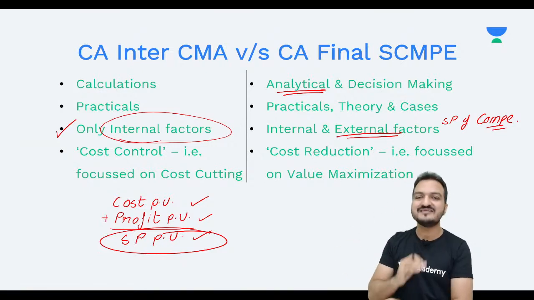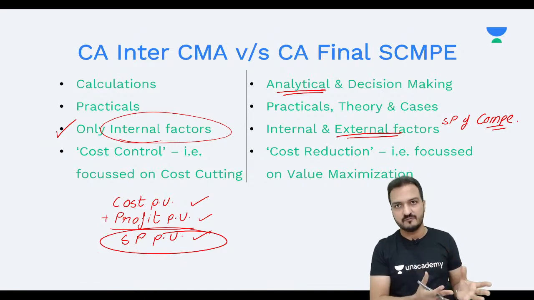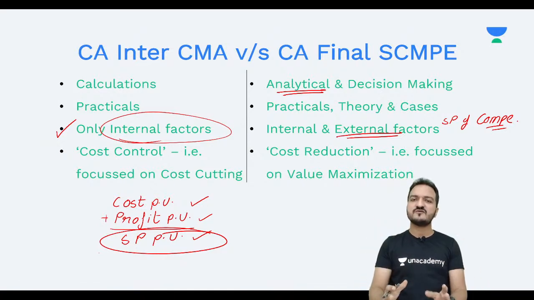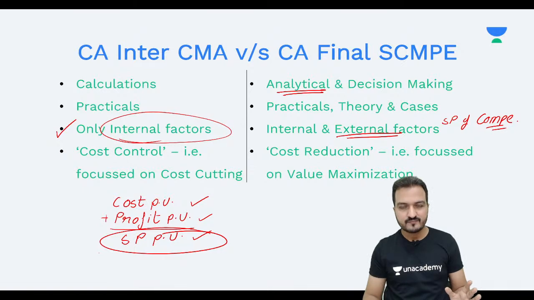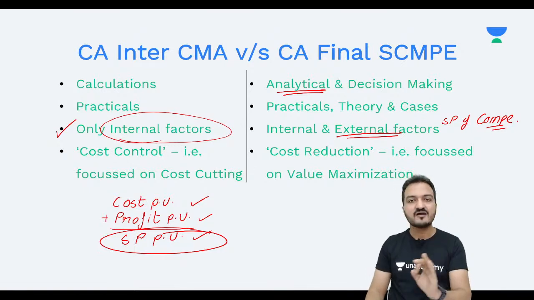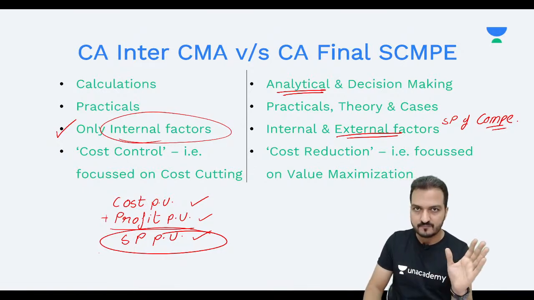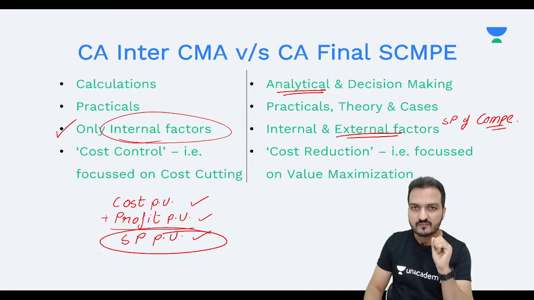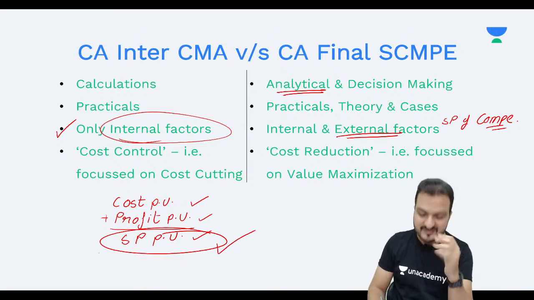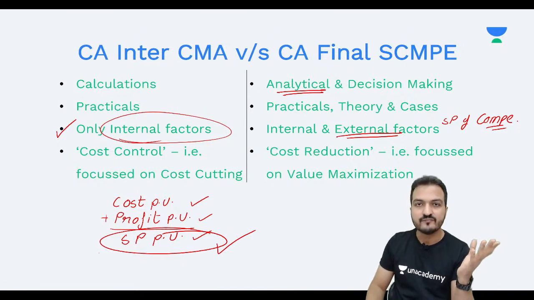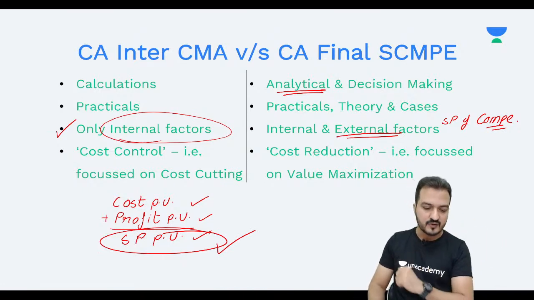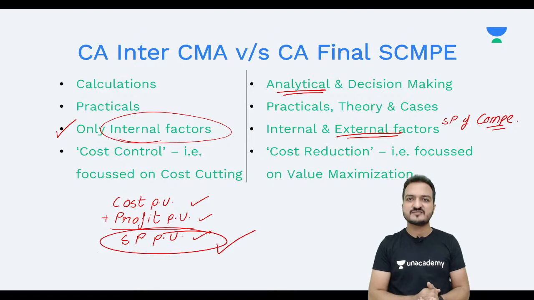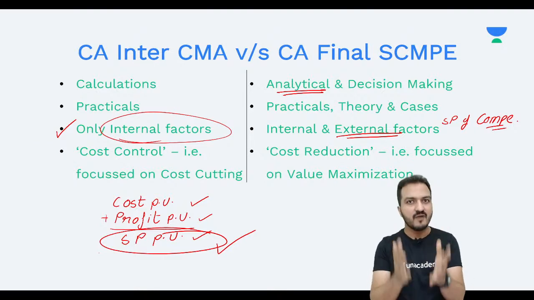I have to consider external factors like demand. Chalo, imagine as if there are no competitors. If there are no competitors at all, then does it mean I can charge whatever selling price I want? No. Even if there are no competitors, yaad karo, your economics subject, you must have learned the law of demand.